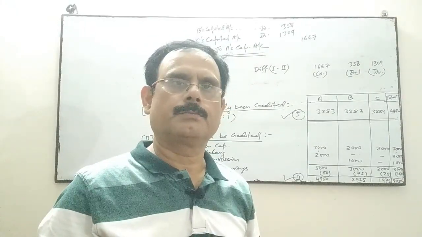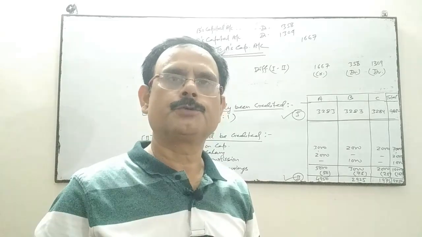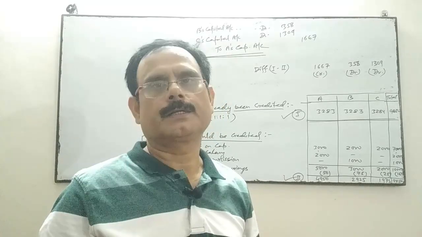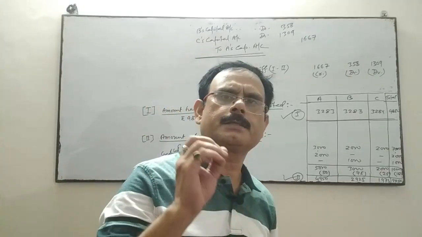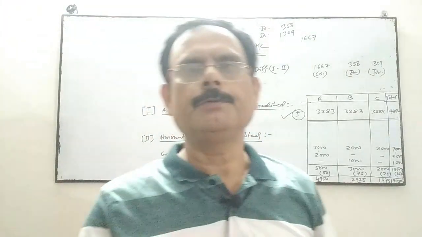So with these two illustrations, I have given you two examples to understand what past adjustment is. Past adjustment is a very simple topic. Here we will see what mistake the accountant has committed earlier and what the right entry should be.